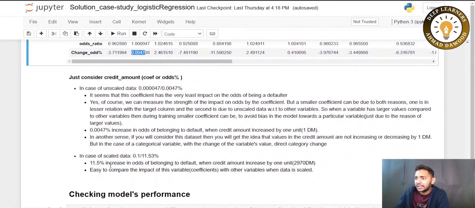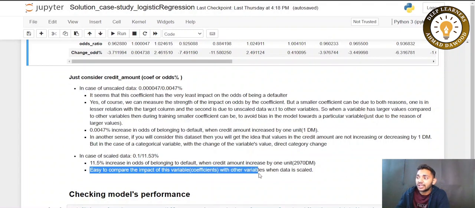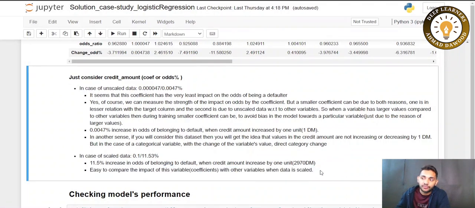When we use the scaled data set, it is easy to compare the impact of a particular variable's coefficient with other variables.